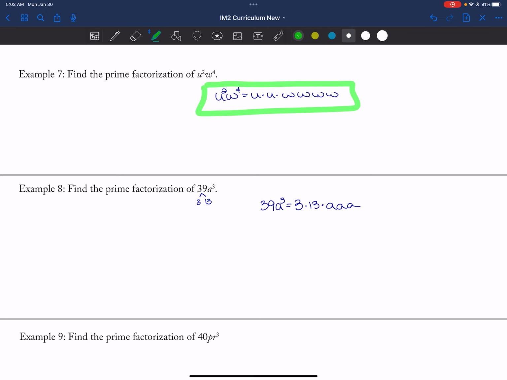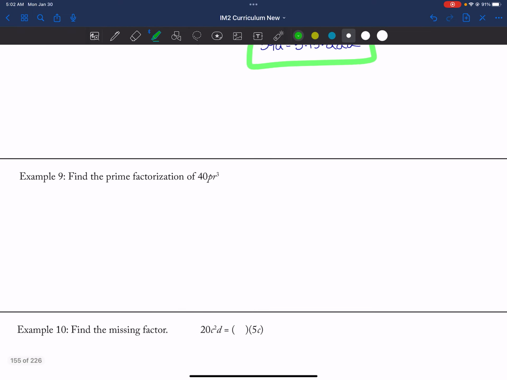Oops. 40 is 2 times 20, 2 times 10, 2 times 5, so 40pr cubed is 2 times 2 times 2 times 5 times p times r times r times r.